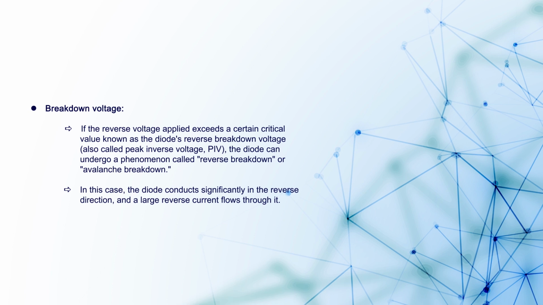So, beyond the PIV, avalanche breakdown takes place and a large amount of current starts flowing in the reverse direction, and this is called the breakdown voltage. So, when the reverse bias voltage exceeds the breakdown voltage, avalanche breakdown takes place and current starts flowing in the reverse direction.